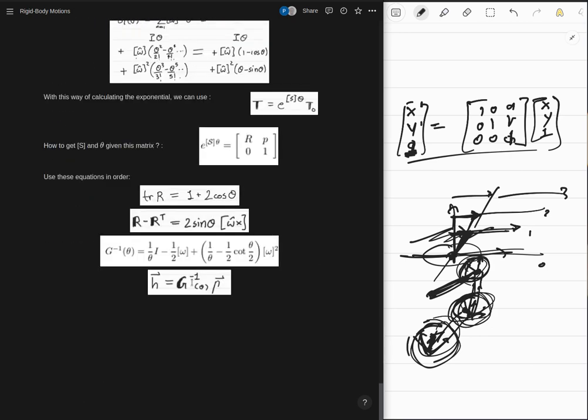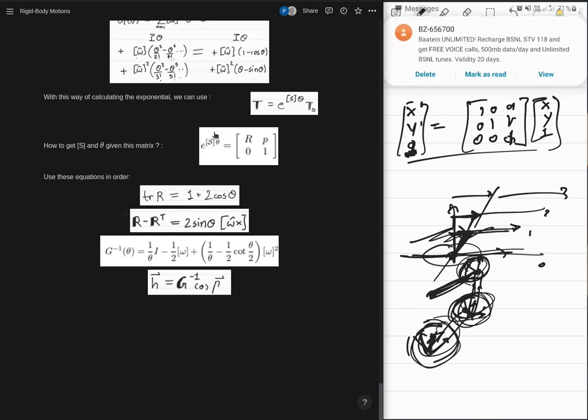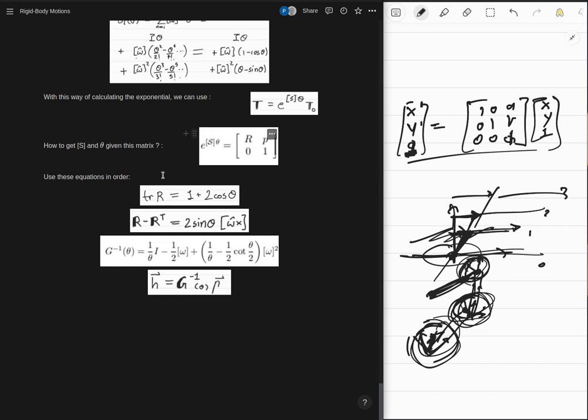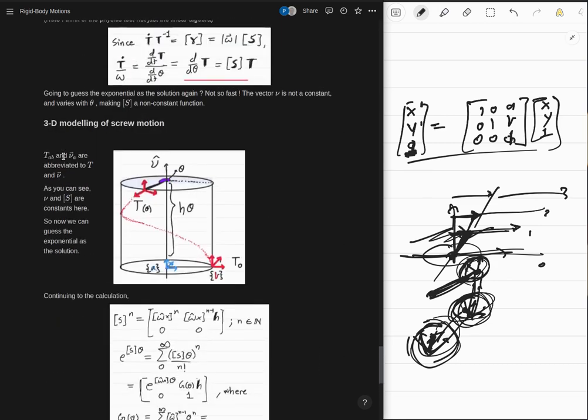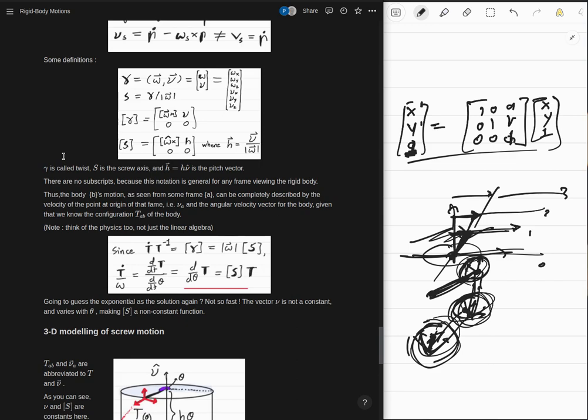But once you have the matrix for screw motion, now you can figure out how the motion actually was, like what was the angle by which you moved through on the screw, what was the axis of the screw, what was the pitch for the screw motion, and other stuff. So I'll just stop here, because I don't think we'll be using all of that.